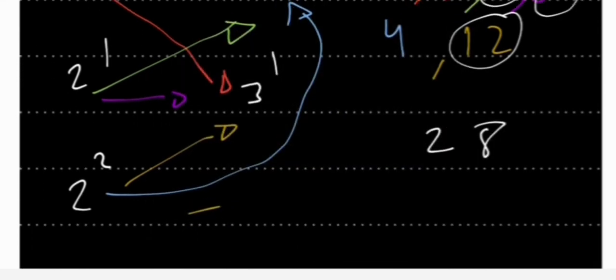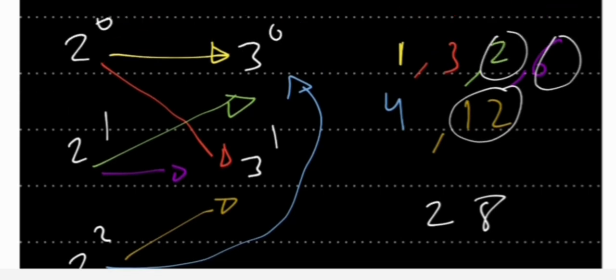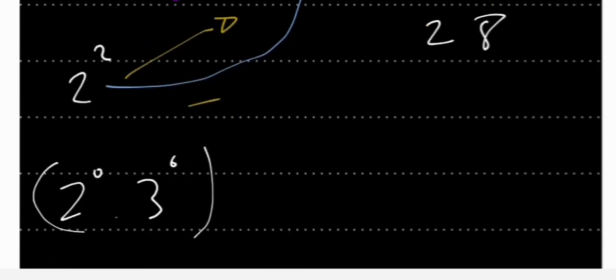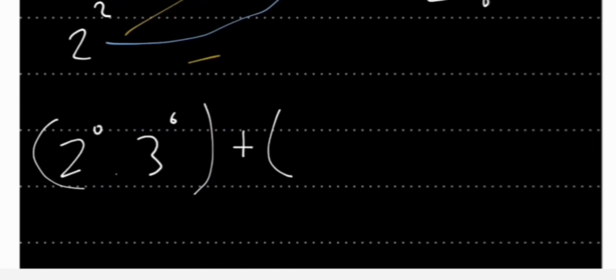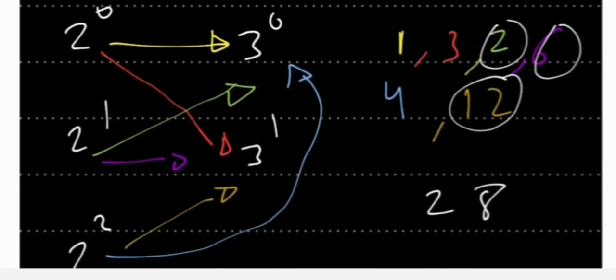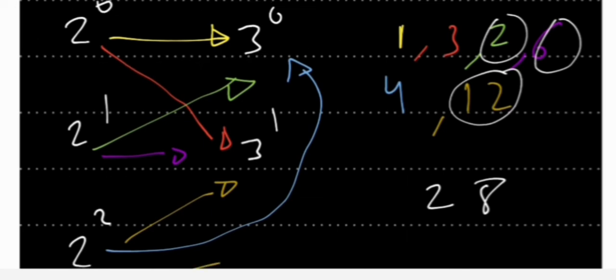But how else can we do this? Well, it is really the sum of these multiplications, right? So it is 2 to the 0 multiplied by 3 to the 0, which was 1, plus 2 to the 0 multiplied by 3 to the 1, which was 3, right? I'm just summing them before I multiply them, okay?